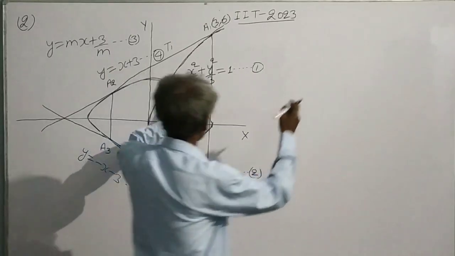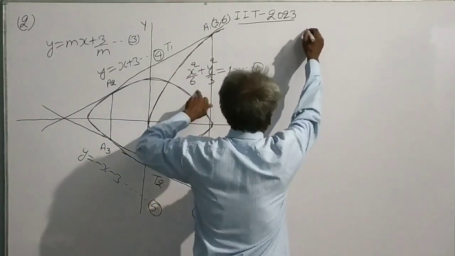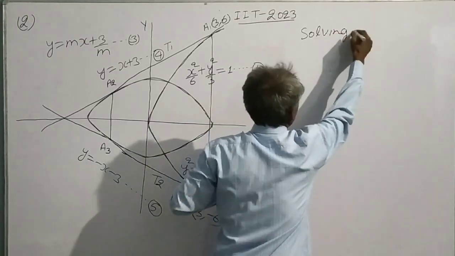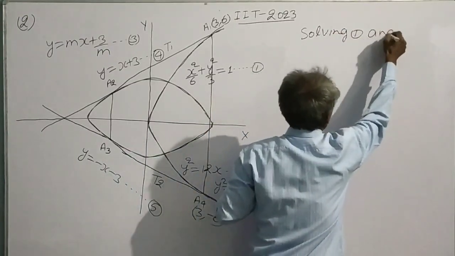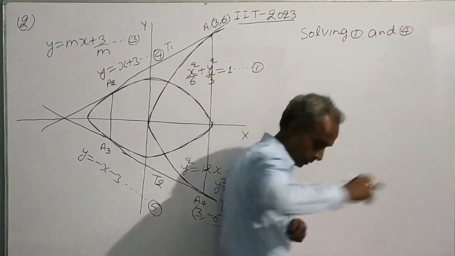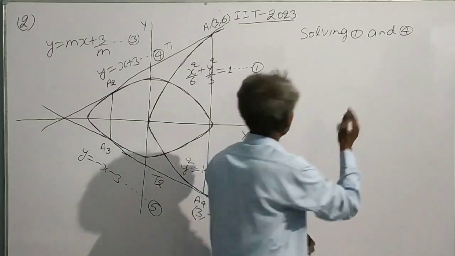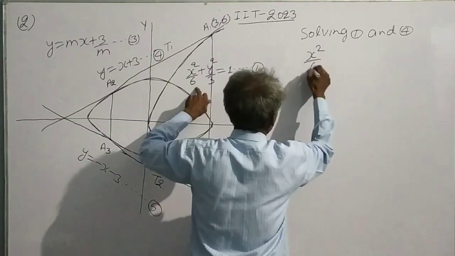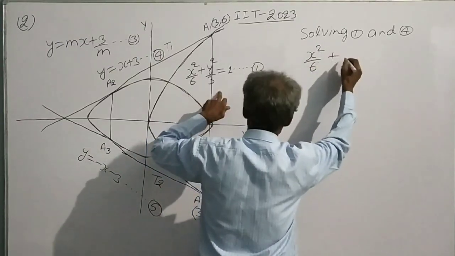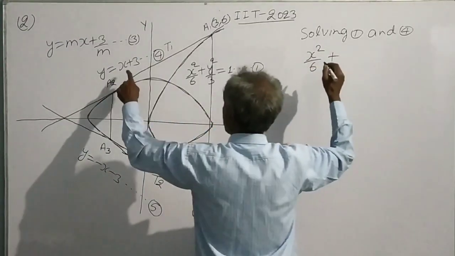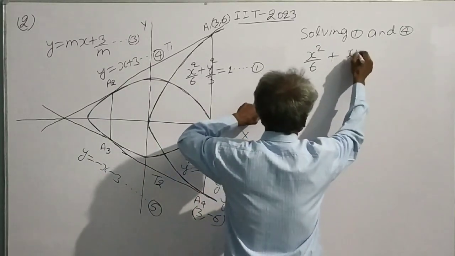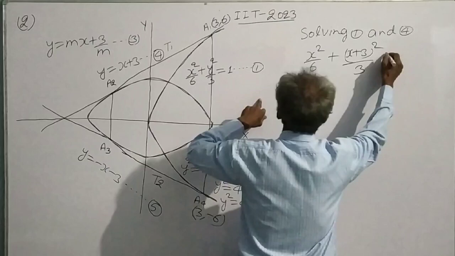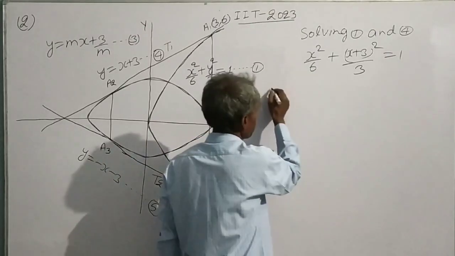Solving 1 and 4, we get x square by 6 plus x plus 3 whole square by 3 is equal to 1.